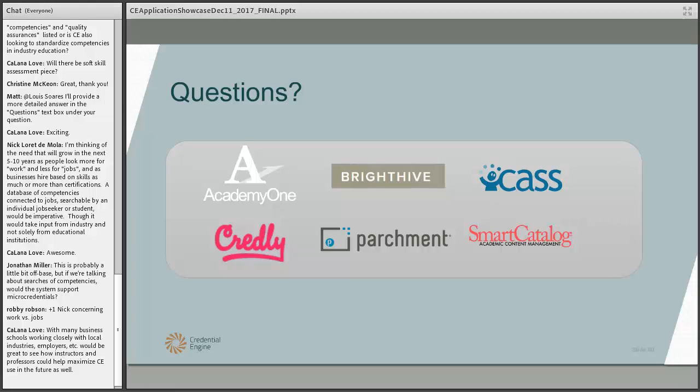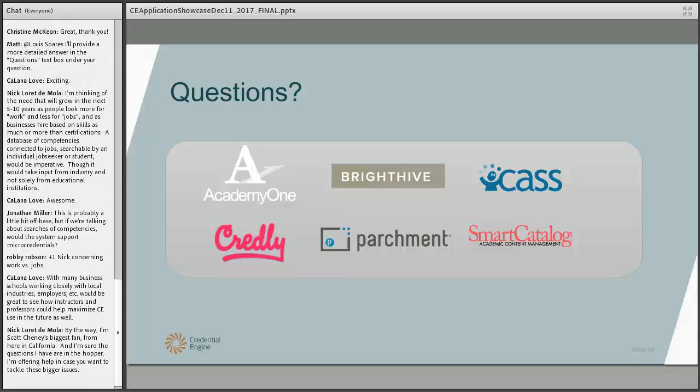So what we would foresee is more opportunities because of the improved access to the data and related information, where networks can begin to organize and offer up suggestions or criteria for standardizing competencies, but that's not the role of Credential Engine.